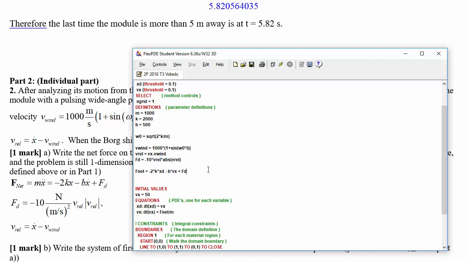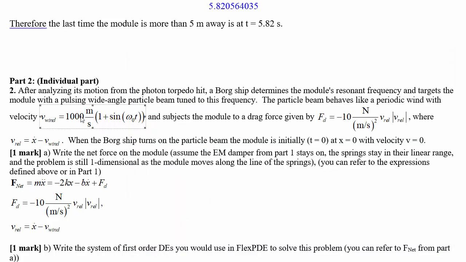So actually, maybe it's worth thinking about how we predict that this is going to make the thing move. Generally, the wind is in the positive direction. In fact, because of the 1 plus sine omega t, it is entirely in the positive direction.